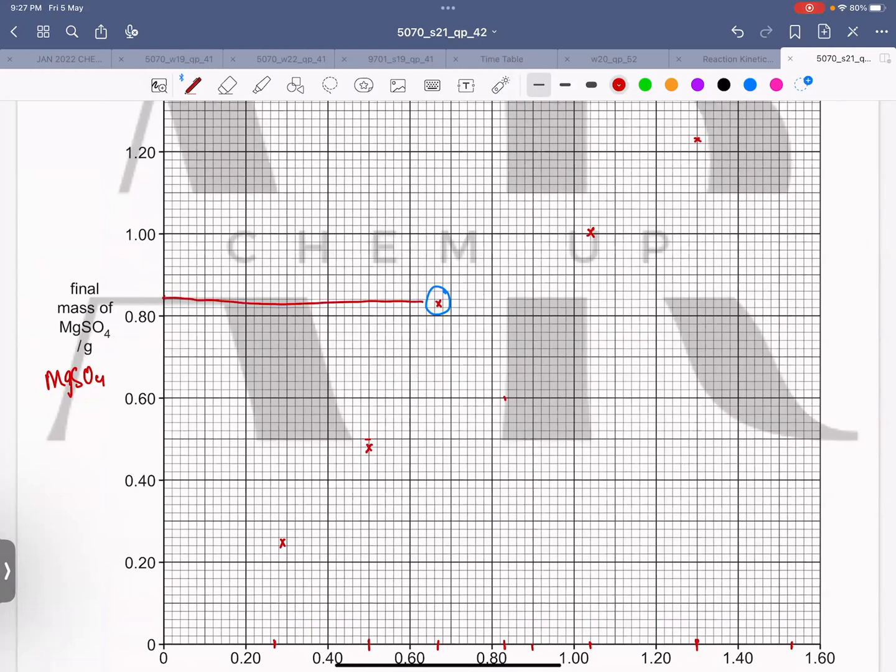But actually, if you see the course of the line, then you can figure it out. Instead of this, it must be over here. So the actual mass would be lower. It could be, for example, 0.70, and instead we are getting 0.82. So the actual mass would be lower, but we are getting the greater mass of magnesium sulfate, which is clearly indicating that all of the water must not be evaporated.